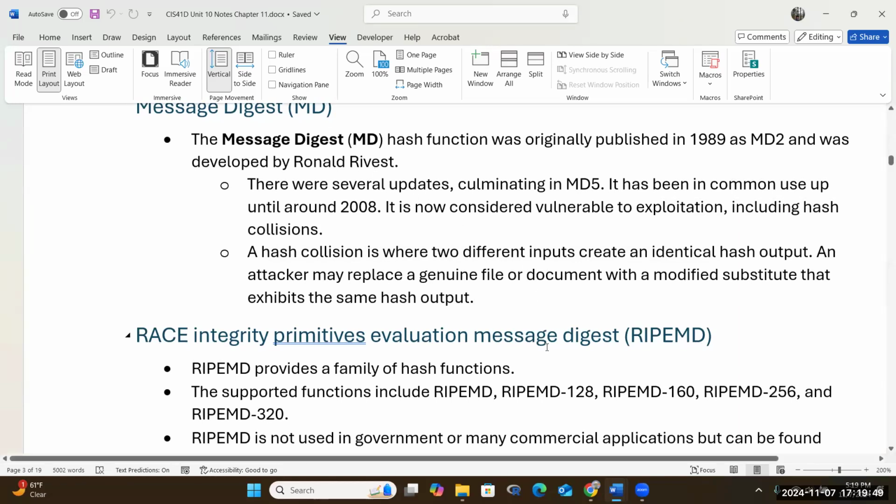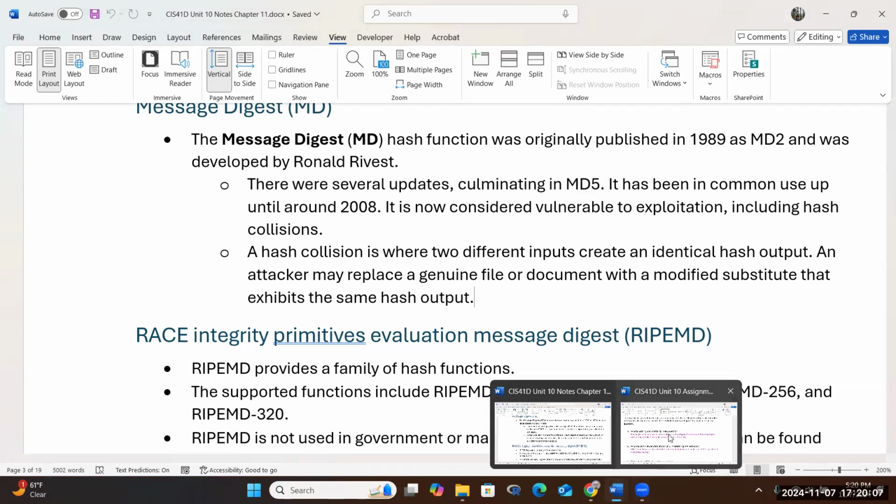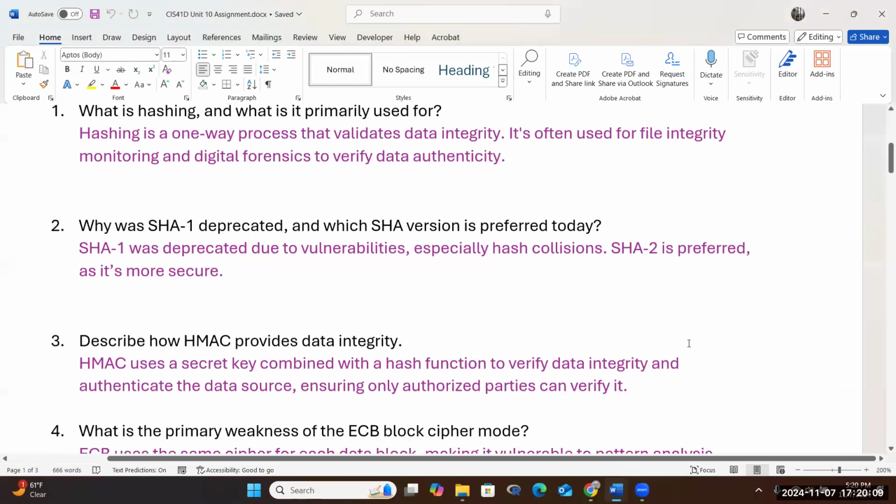So message digest is also vulnerable for that, for MD2. And I think the common one that we see is MD5, which is often used in websites. And also our systems have MD5, like your operating system, but this is also very vulnerable. So we want to stay away from that, knowing the vulnerability.